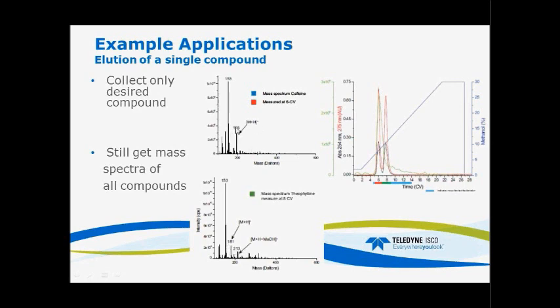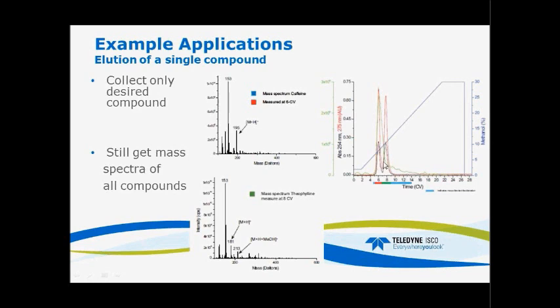And here is the mass spectra of caffeine at 195. So what this trace shows is that I programmed the system to collect only the mass spectra at 181, that's this peak, and this peak eluted out. You can see from the fraction collector down below, it changed when the UV started to see this second peak, even though the mass spec didn't see this new target ion or mass ion present.